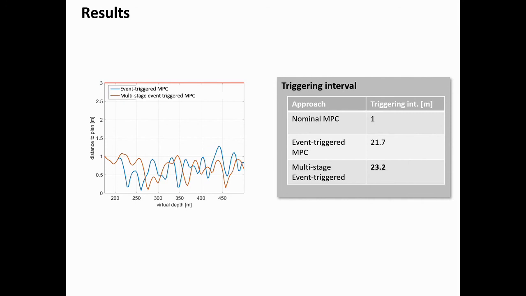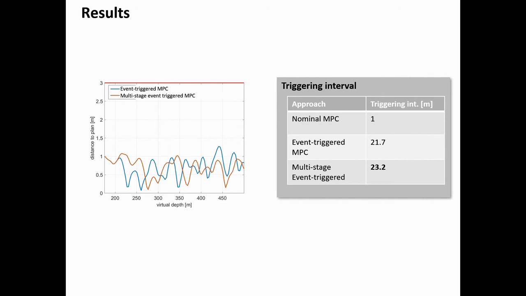The normal MPC, by our definition, triggers a new iteration every meter. The event-triggered MPC, using the corridor idea I discussed before, triggers an event every 21.7 meters, while the multi-stage event-triggered MPC triggers an event every 23 meters. So the frequency decreased, which is also a good result.